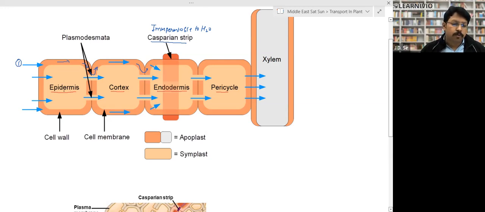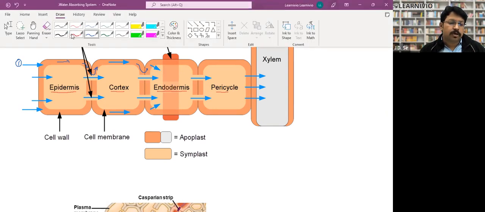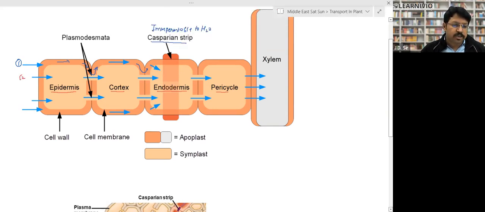So whenever we talk about these cells, there is another pathway of water, called the symplastic pathway. In the symplastic pathway, water moves only through the protoplasm.